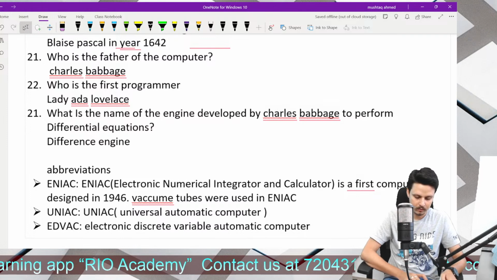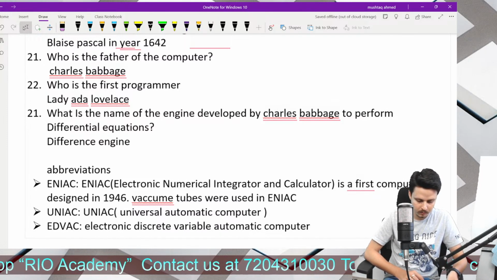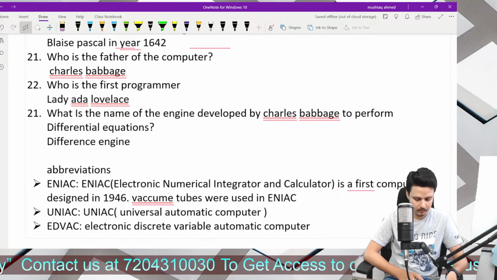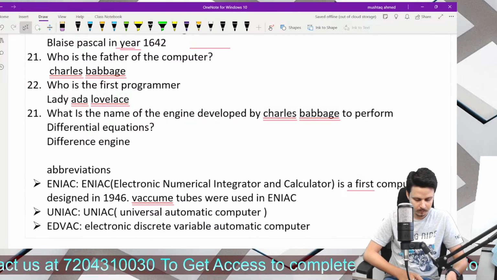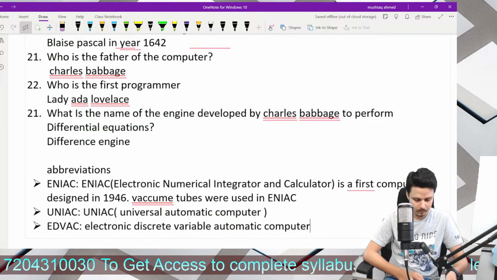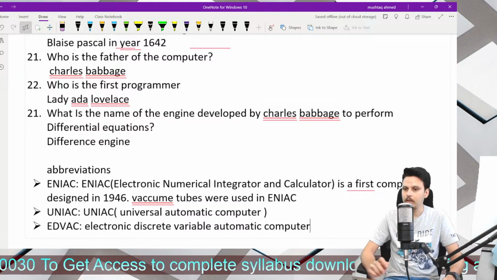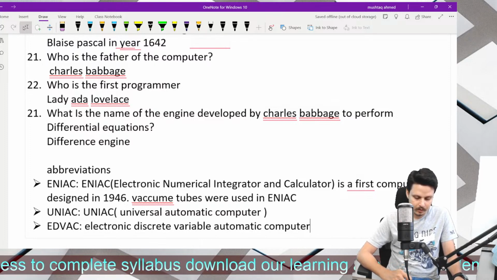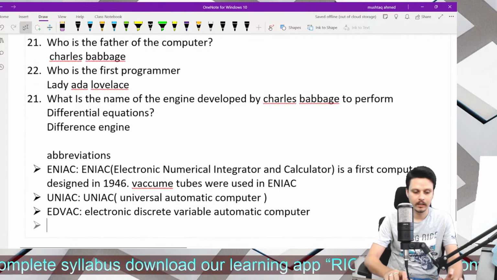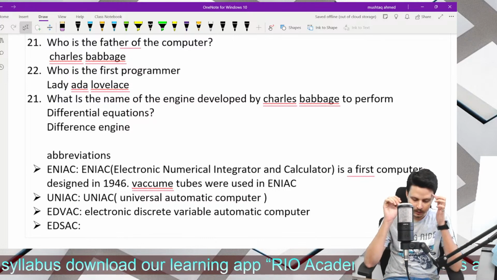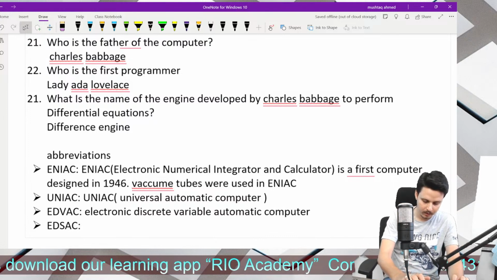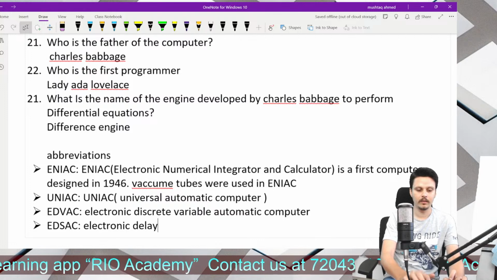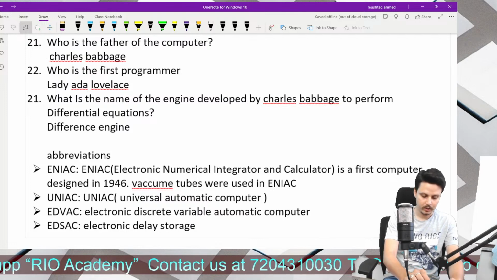Von Neumann. Next one is EDSAC, Electronic Delay Storage Automatic Calculator.